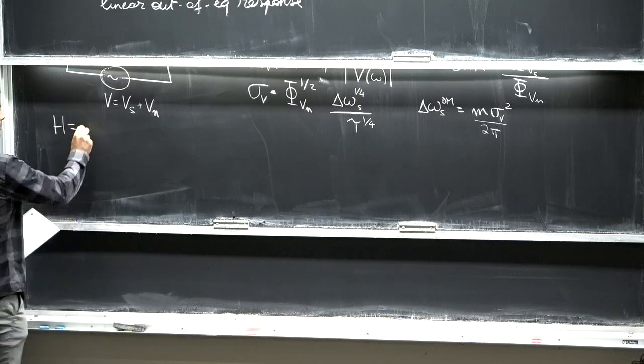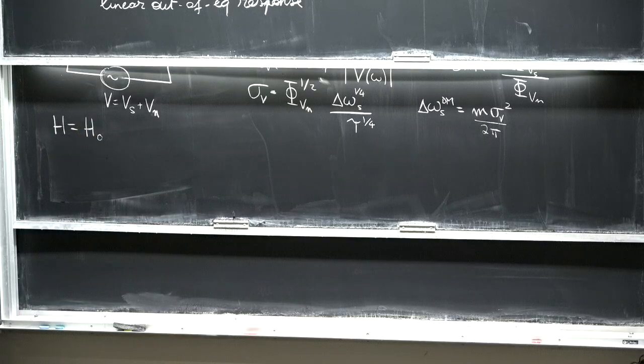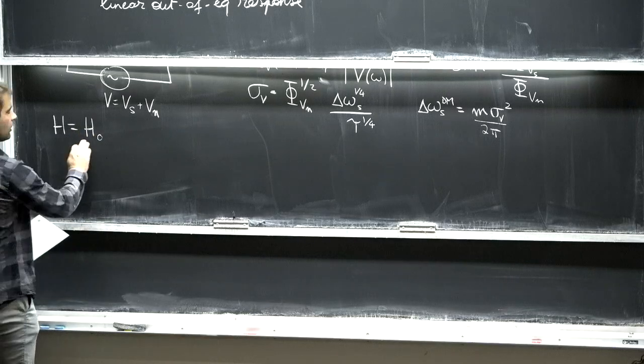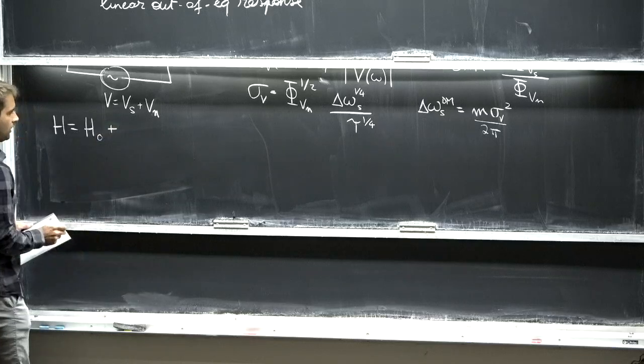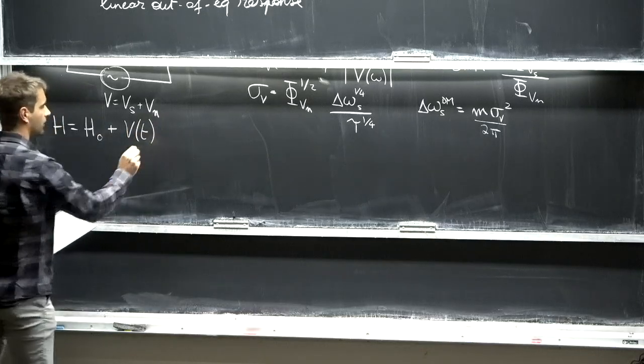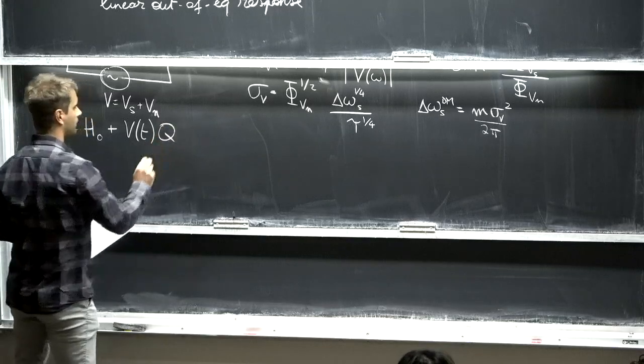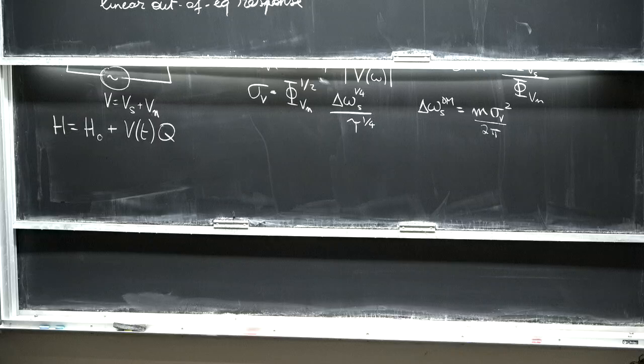So what you need is the Hamiltonian of your system without the poking, okay? And so then you will need 2 conjugate variables, so some voltage, and in the case of this system, it would be voltage and effective charge.